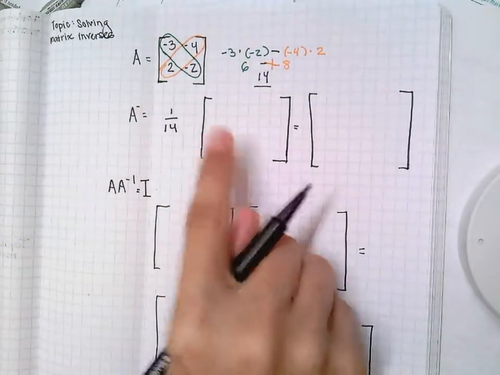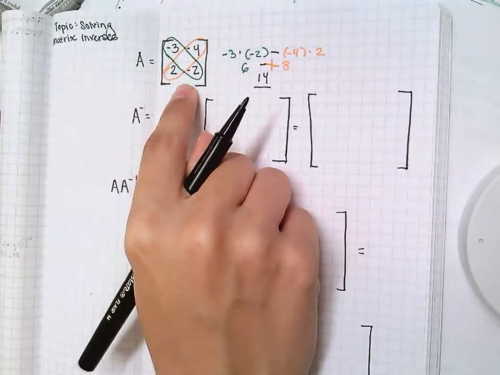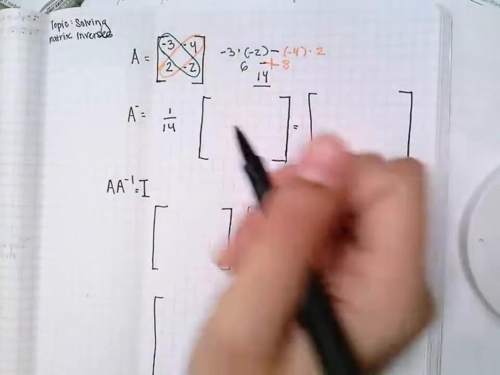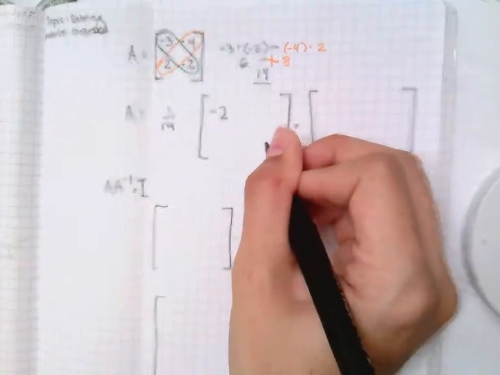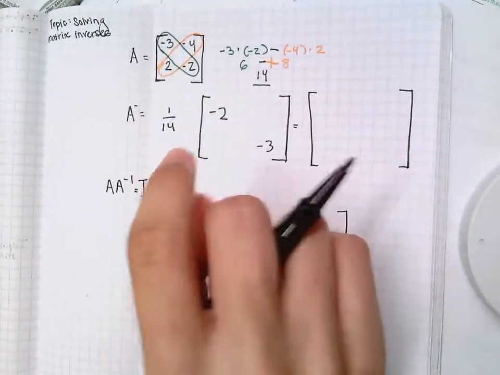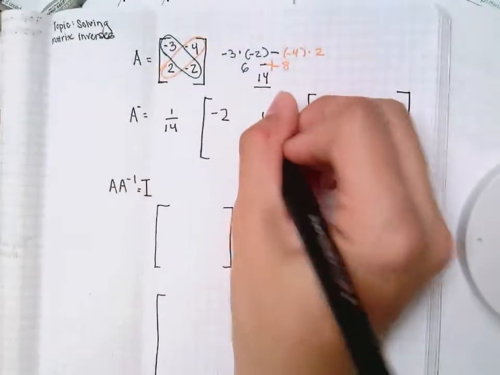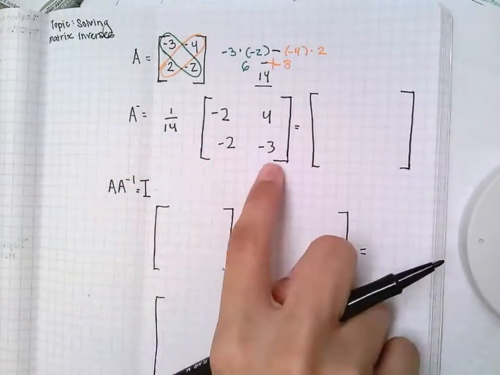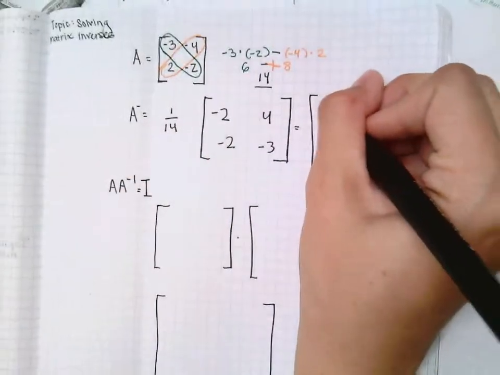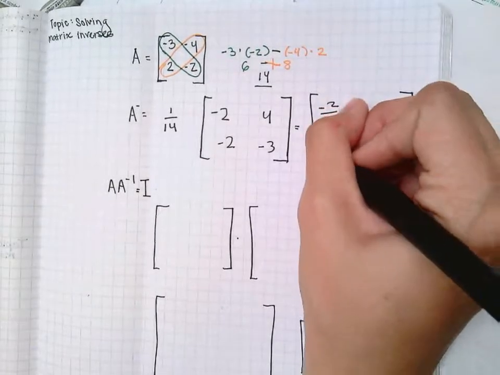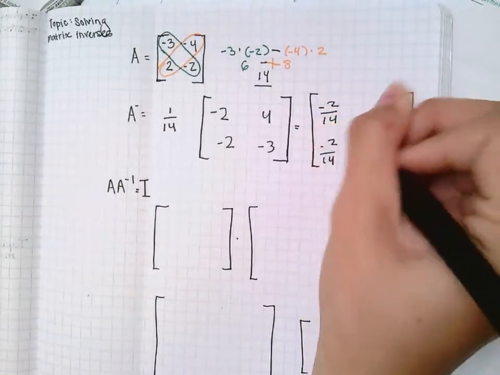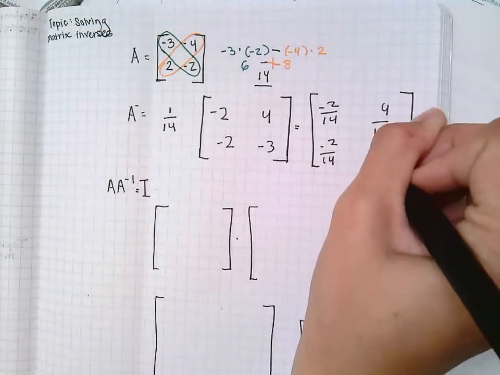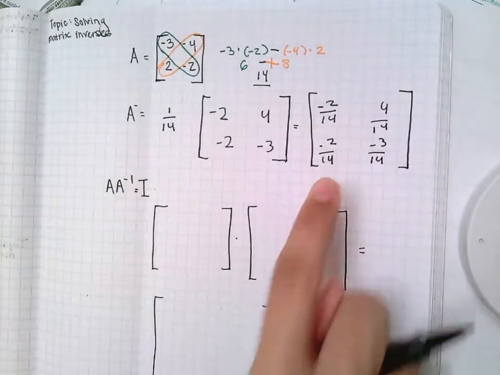For this matrix, we take our original matrix and switch the A and the D. B and C are now negatives. And now we solve. Note that we can simplify our solution.